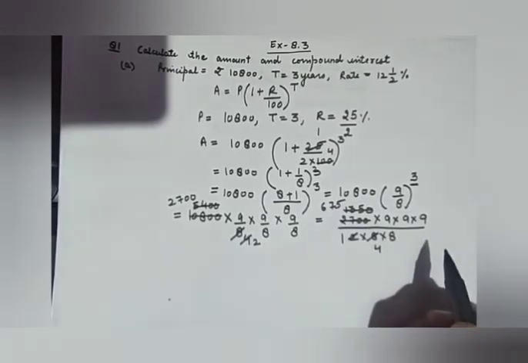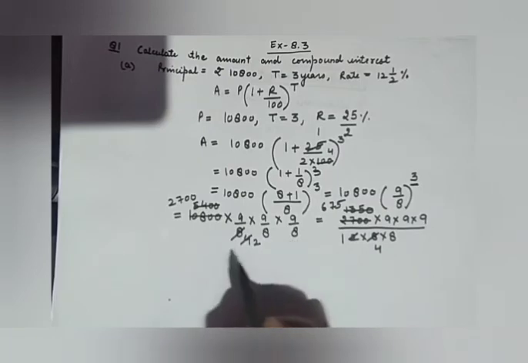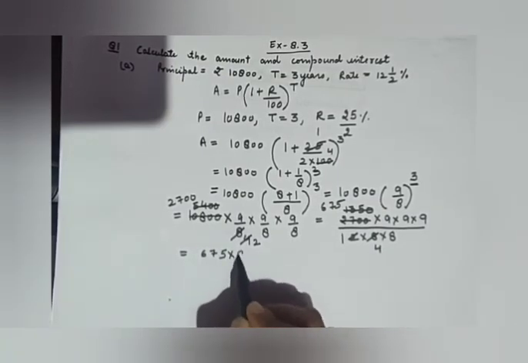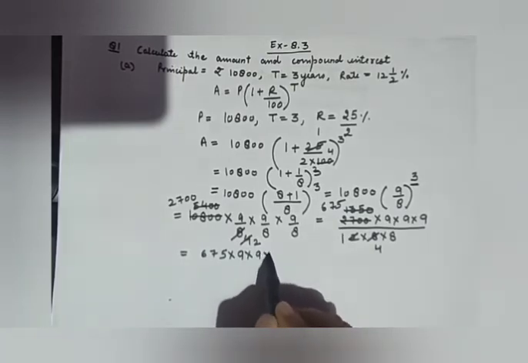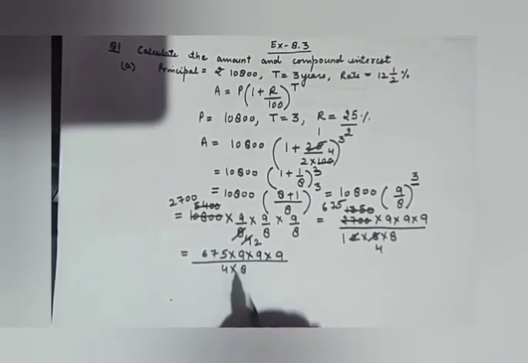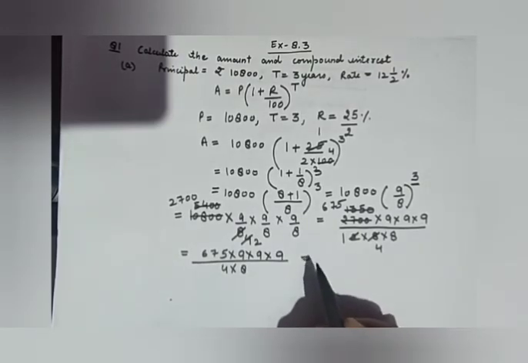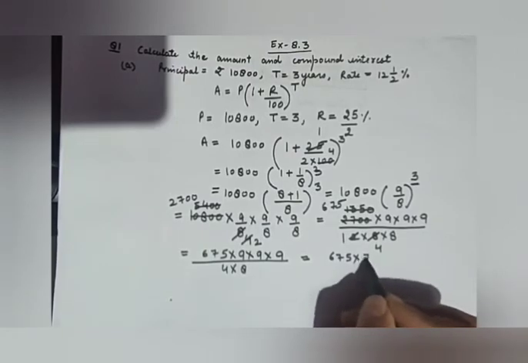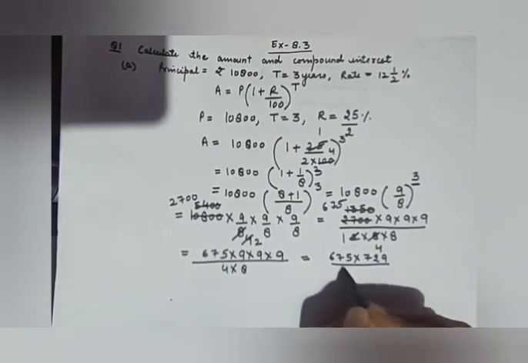Okay. So how much am I getting? I will be getting 675 into 9 into 9 into 9 upon 4 into 8. So it will be like 675 into 729 upon 32.